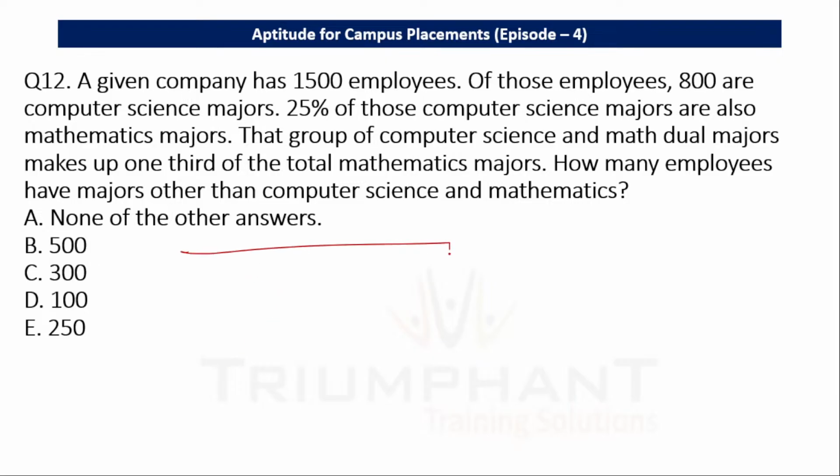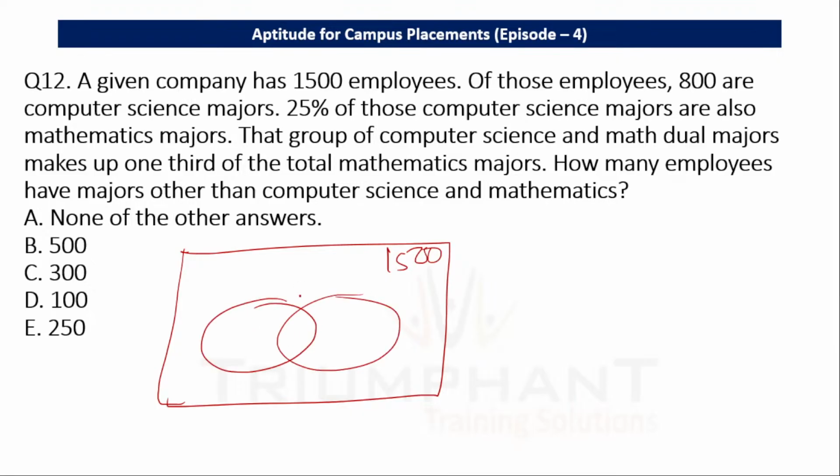Okay, so if I draw the Venn diagram for this information, total 1500 employees. Survey is done on two variables: employees with computer science specialization, and employees who have computer science and also have mathematics. What is 25% of 800? Which is 200, because 25% is 1/4, right?